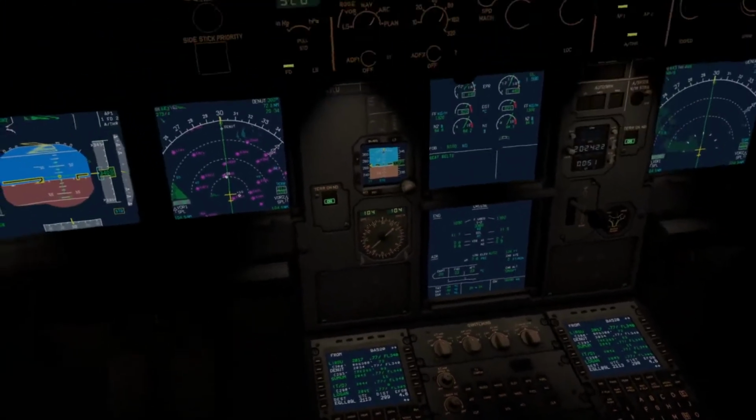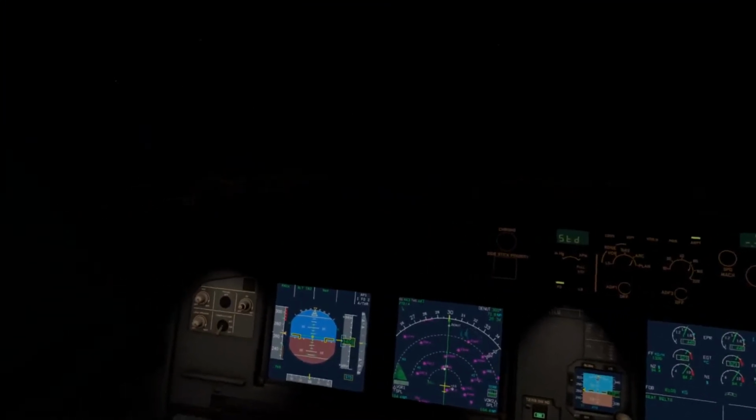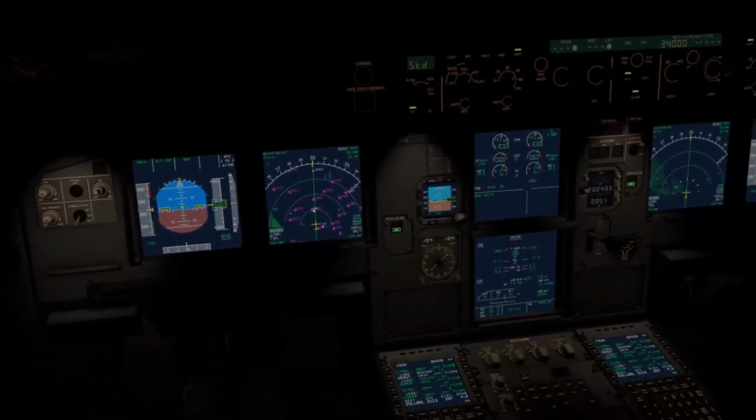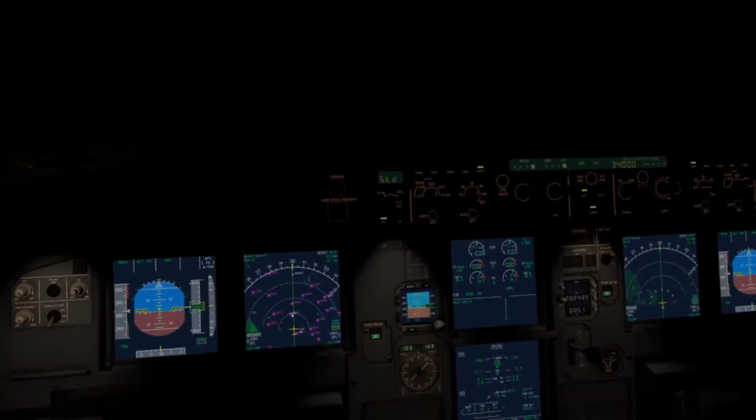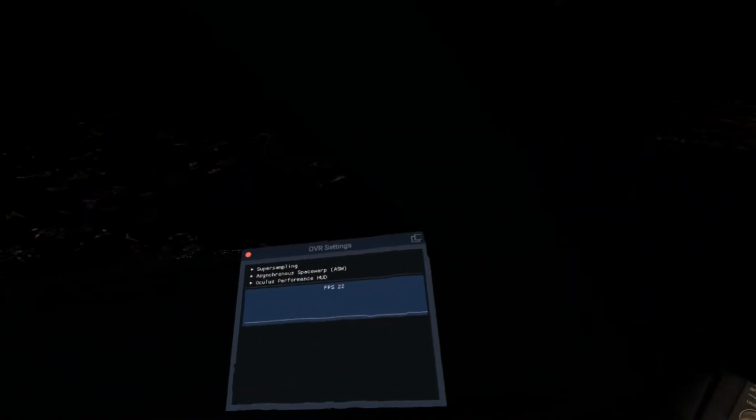We had 299 nautical miles already. Whoa, that's the first time ever I get a lag spike like that. First time ever. Probably because of the weather, maybe.